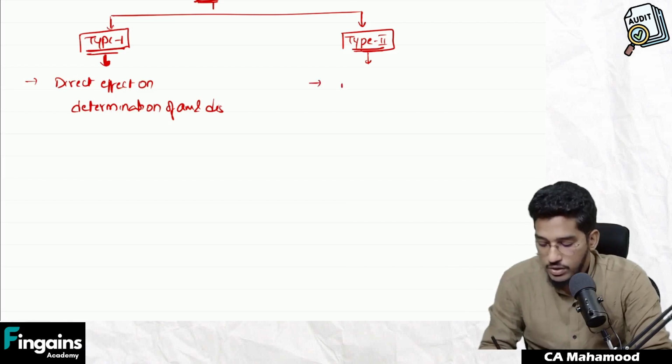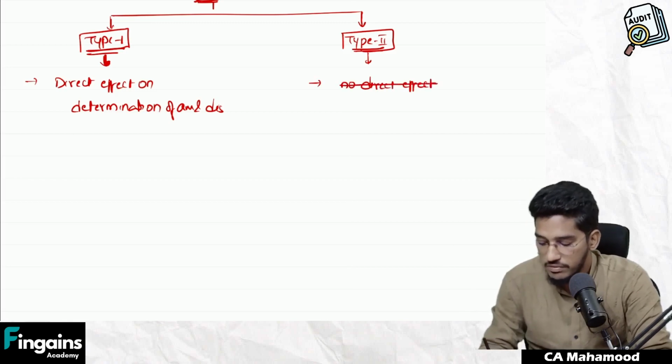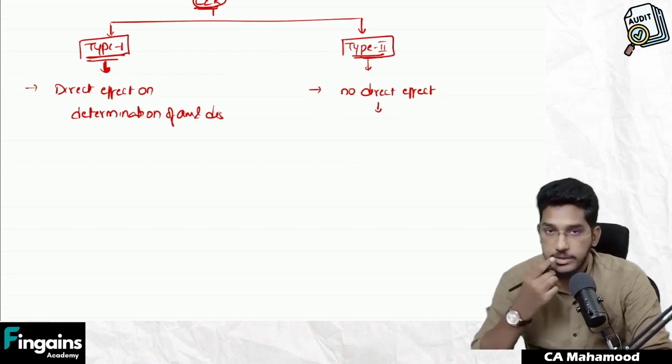Whereas type 2 laws and regulations do not have any direct effect on determining amounts and disclosures in the financial statements, but however, their compliance is required.